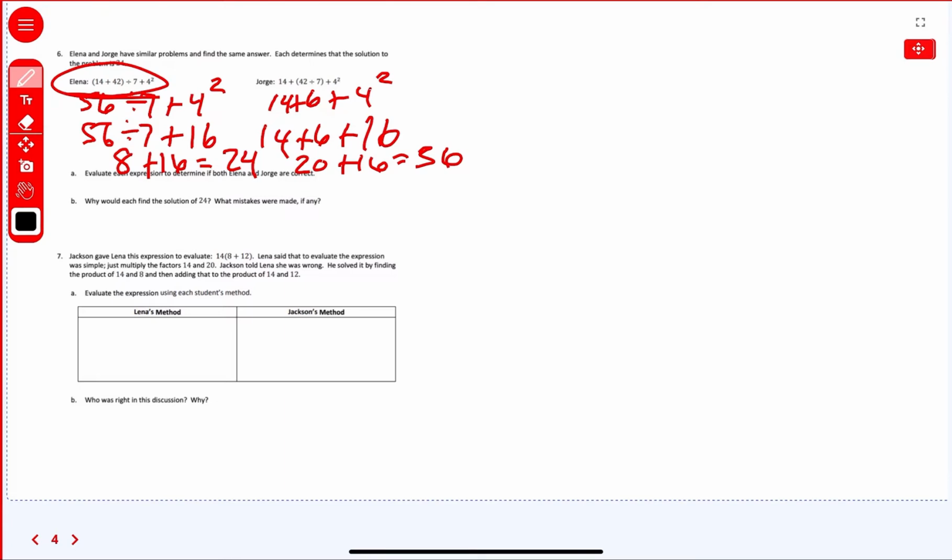He just worked it out from left to right, didn't he? He said 14 plus 42 is, he ignored his parentheses. He worked left to right, ignoring parentheses and ignoring exponents. He just worked everything out starting from left to right.